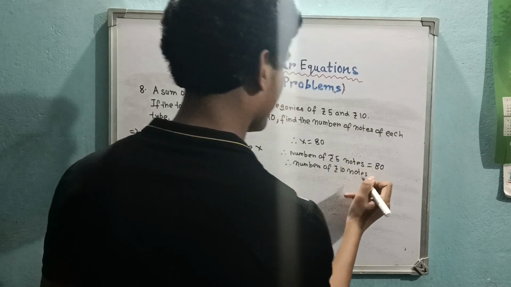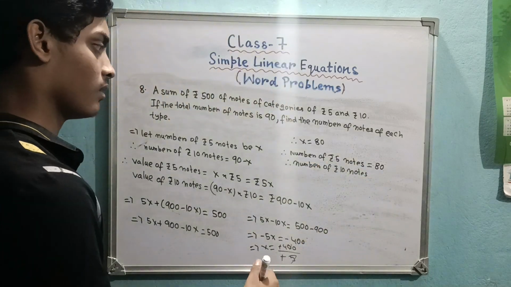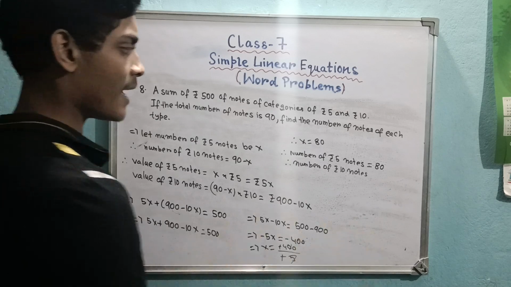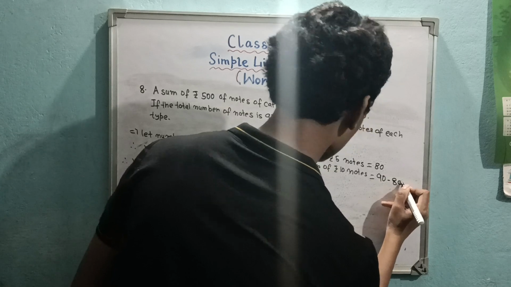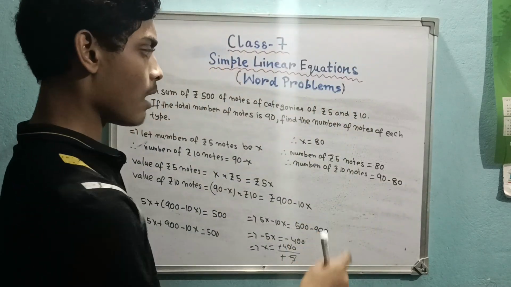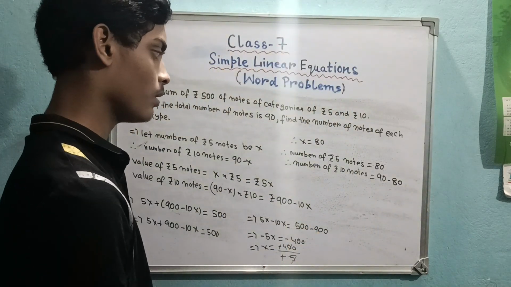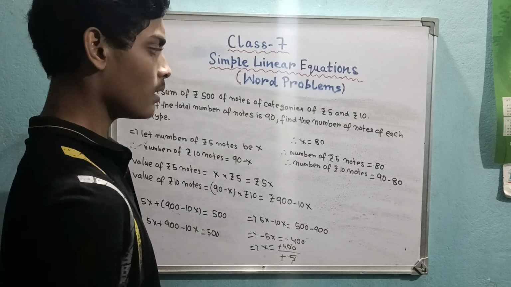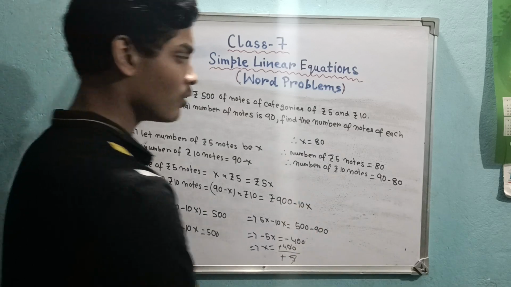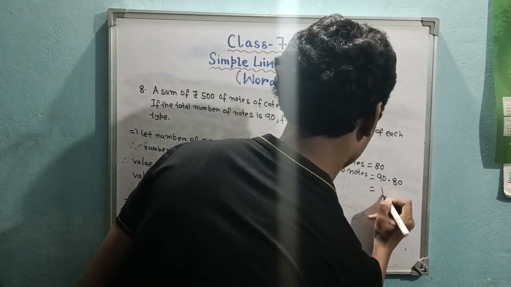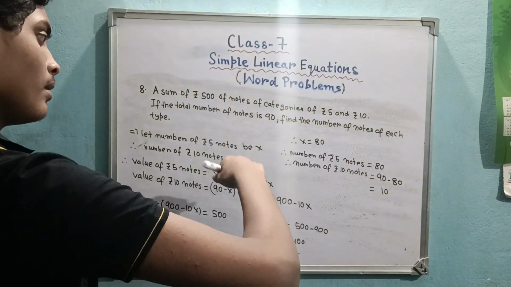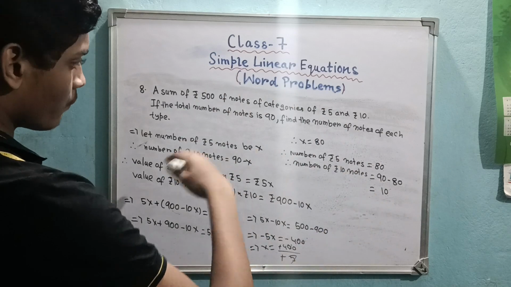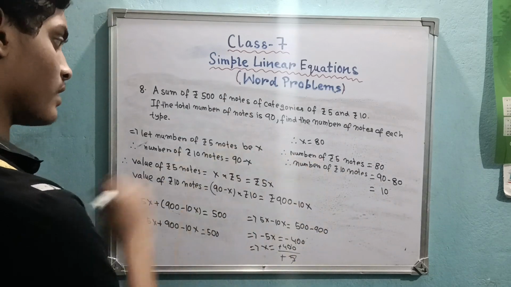Out of the 90 notes, 80 notes are of rupees 5. The rupees 10 notes will be the remaining, 90 minus 80, which is equal to 10. So we have 80 rupees 5 notes and 10 rupees 10 notes.